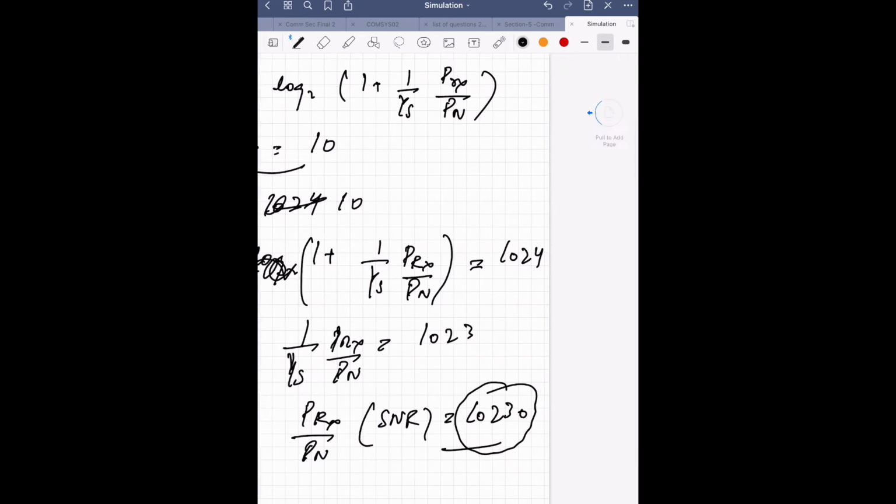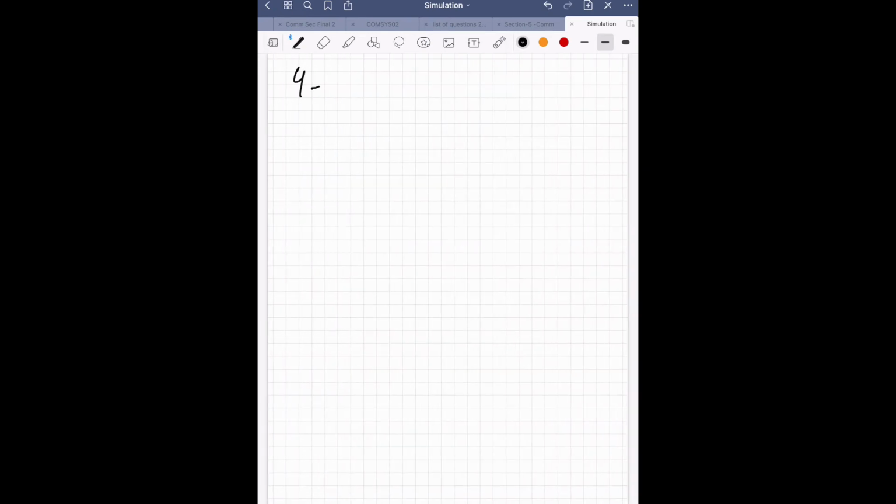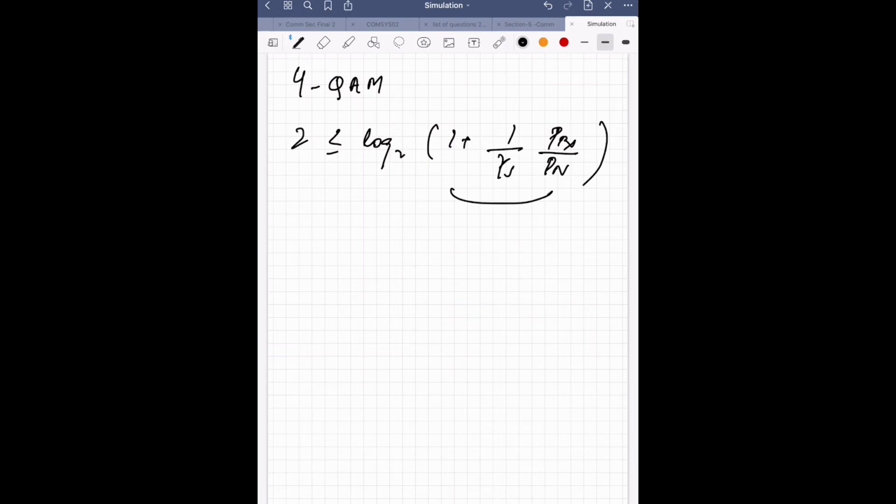Let's say for 4 QAM, what is the minimum signal to noise ratio required? So M is 2, 2 is less than or equal to log 2 of 1 plus 1 by gamma S times PRX by Pn. So this has to be equal to 4, so this has to be equal to 3, so PRX by Pn should be equal to 30.